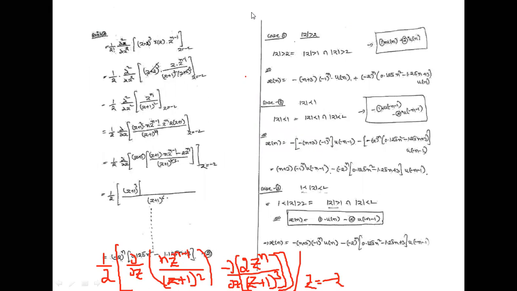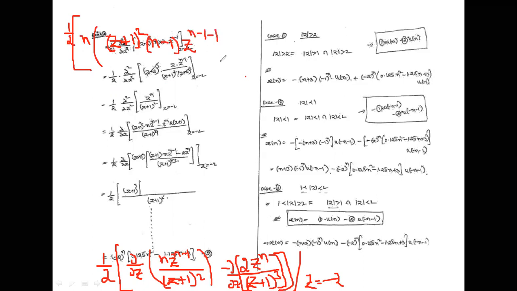See, first of all, if I am taking here ∂/∂z of 1/2 already there. ∂/∂z of this function: n into (z+1)², and for this function (n−1) multiplied with z^(n−1−1).